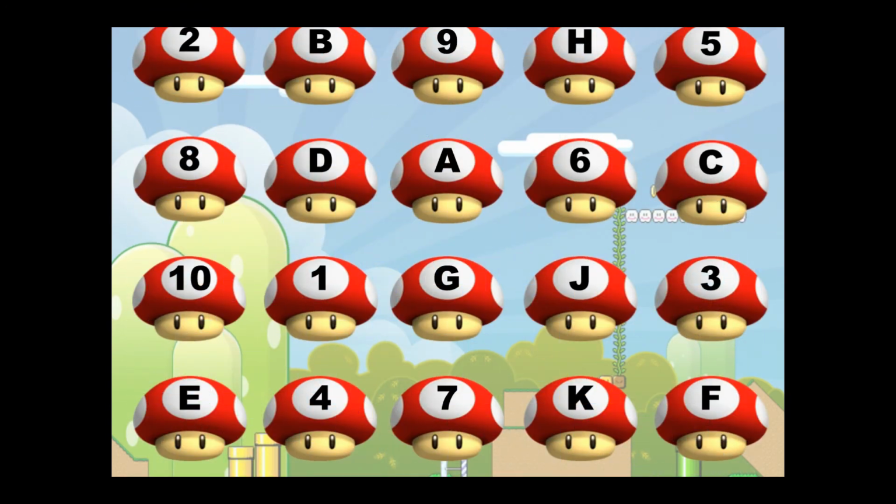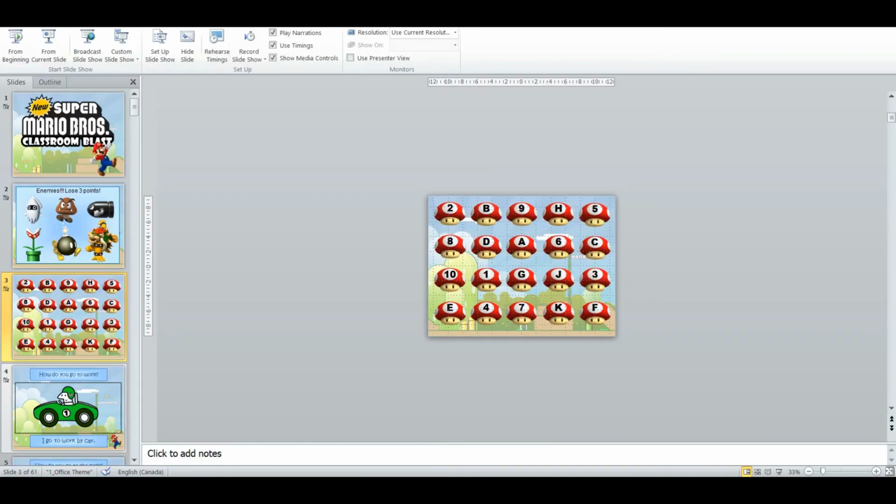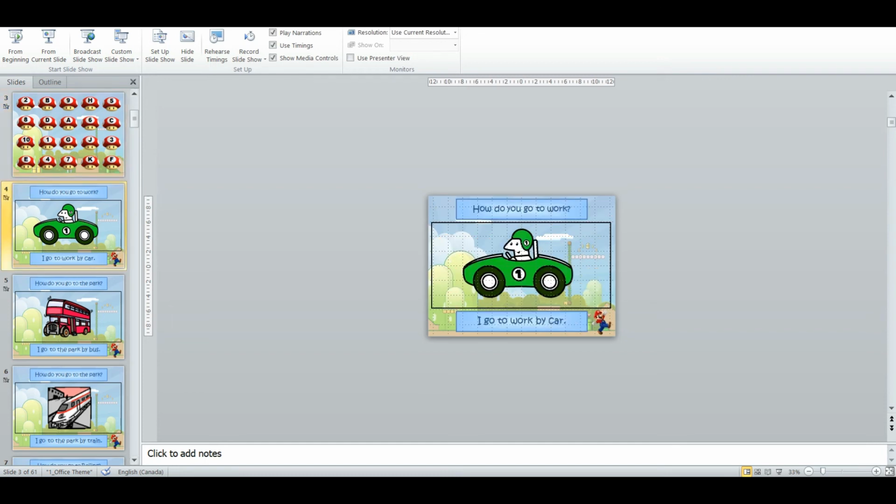So let's take a look at how these bomb games work and how you can get them yourself. When you get your hands on a bomb game, what you need to do is go through the slides after the home slide, and you just basically need to change the question and the picture to a flashcard that you desire of the target language that you're aiming to teach and practice.